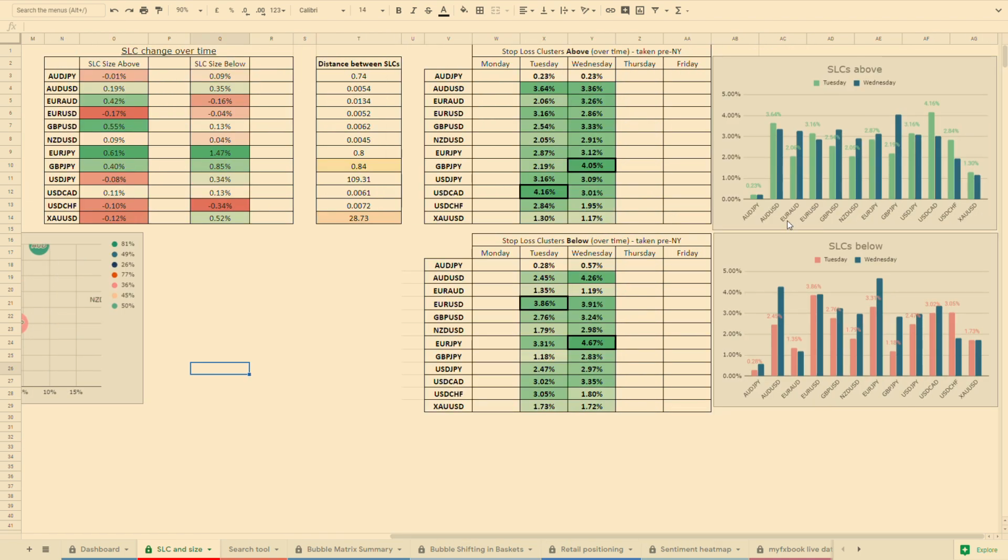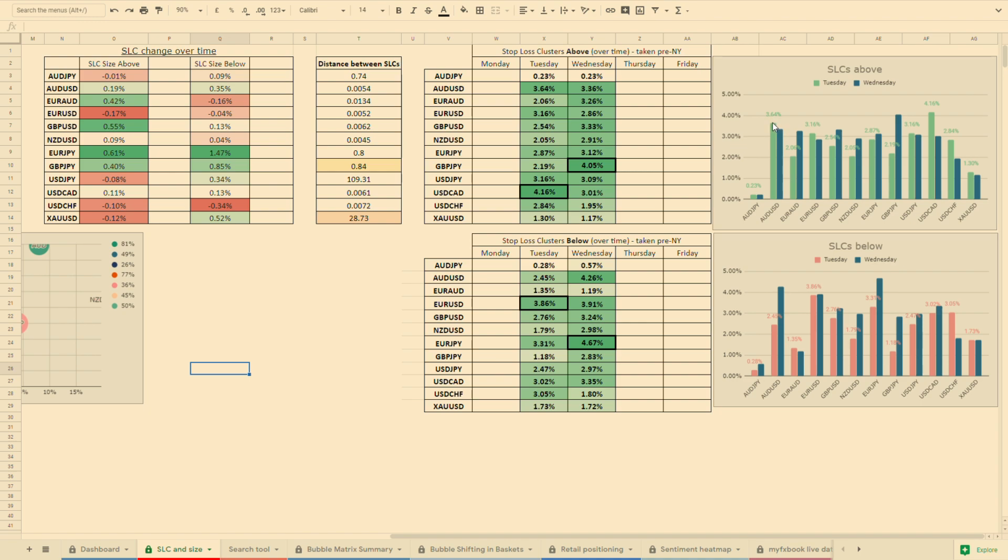What's quite cool about this graphic is that we see the decrease or increase between the 24-hour periods. So yesterday, the Aussie dollar, the US dollar, the size has decreased since yesterday. So it tells us that some stops were hit, but don't forget it's still 3% above. So it's still quite large, but there has been a reduction.